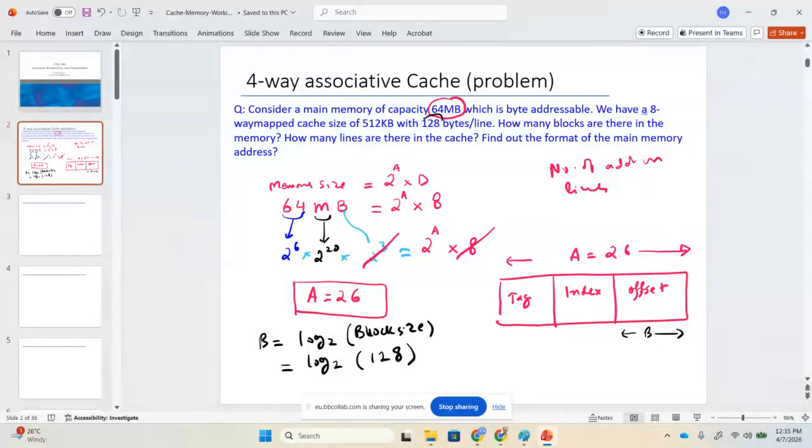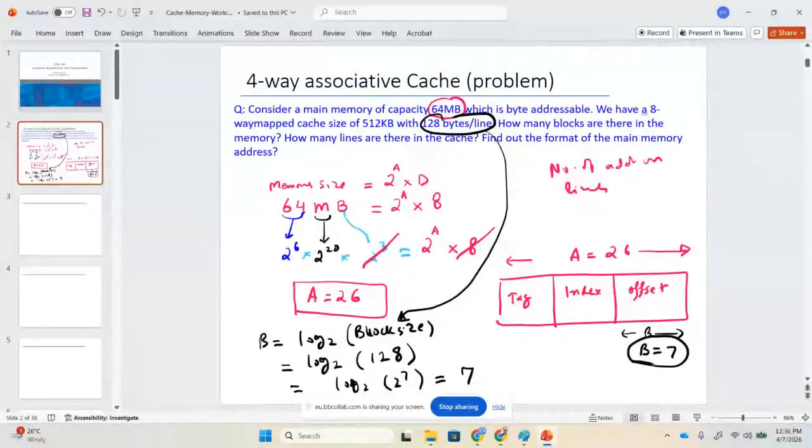Please remember, it is log 2 of 2 to the power 7, and b is now 7. So b is equal to 7. Any question? This is clear or not clear?